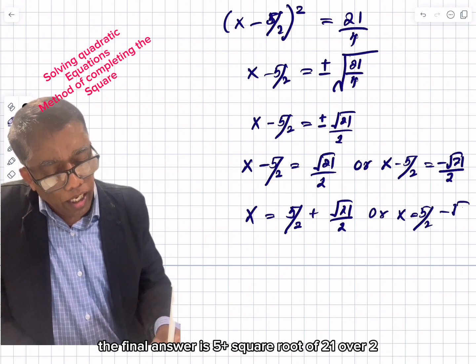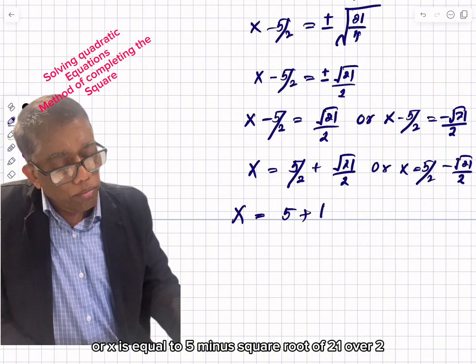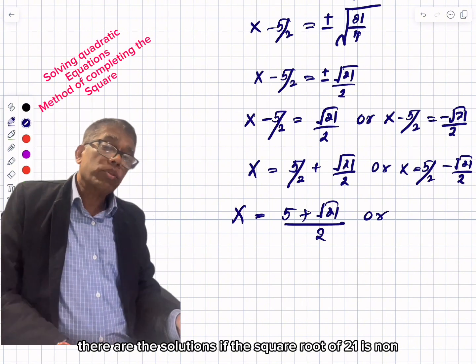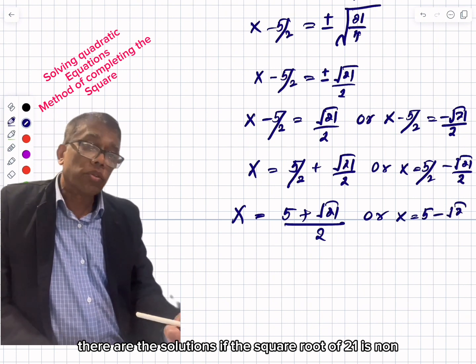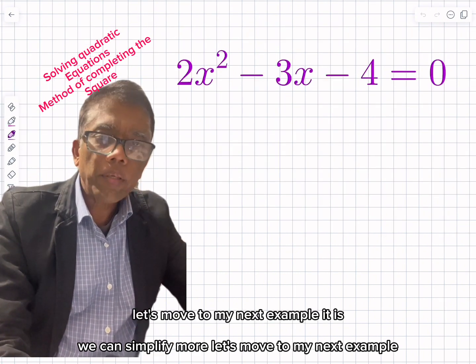Therefore, the final answer is x equals 5 plus square root of 21 over 2, or x equals 5 minus square root of 21 over 2. They are the solutions. If the square root of 21 is known, we can simplify more. Let's move to my next example.